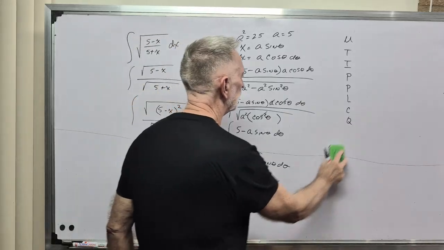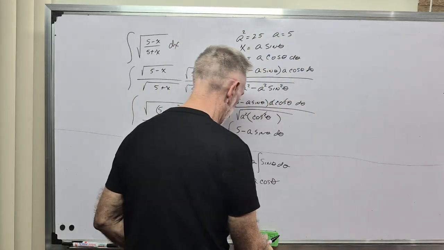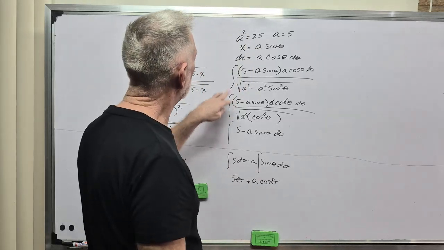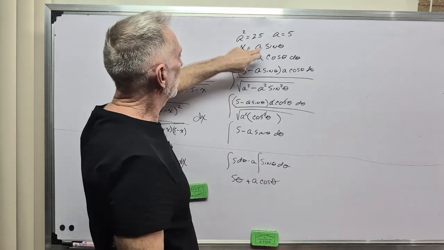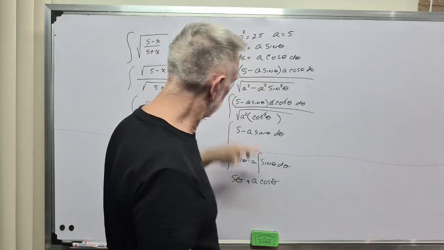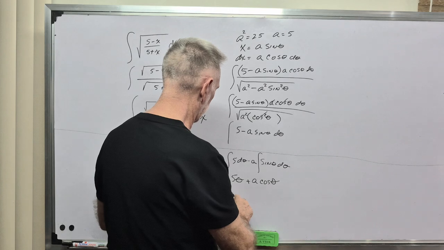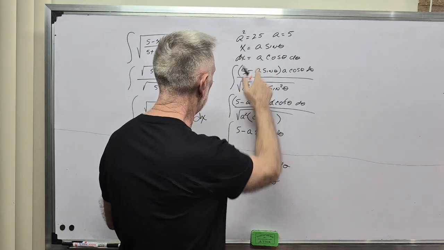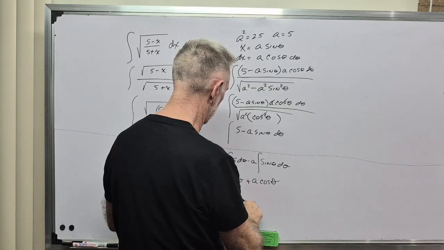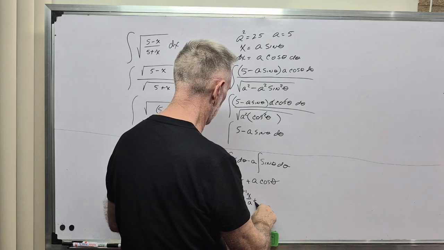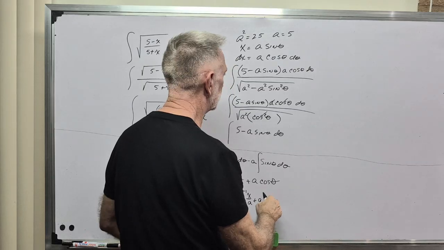And what is theta? Theta is sine inverse of x over a. So this becomes 5 times sine inverse of x over a plus a cosine theta.